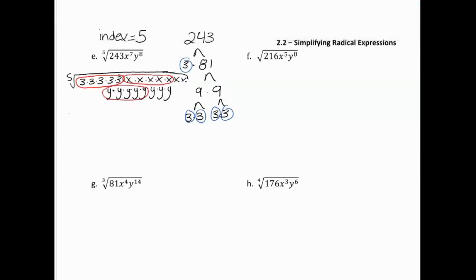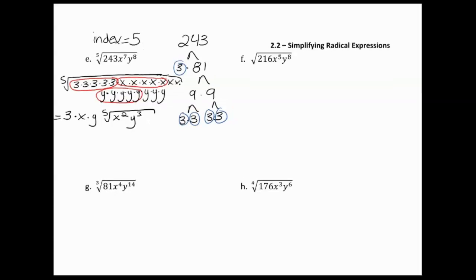We're only going to write it once outside. So we take out a 3, an x, a y, and inside we have left x squared, because x times x is x squared, and y to the 3rd power. Okay? So this is our final answer for example E.